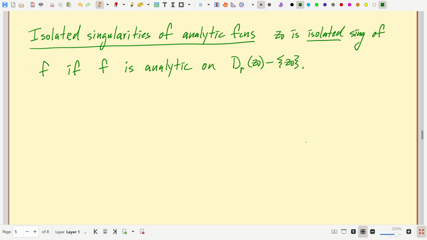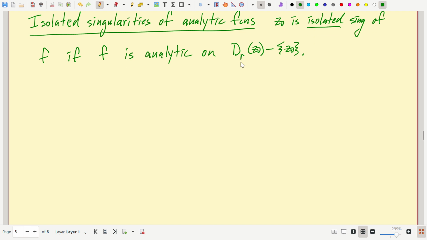Okay. Let me give you some examples. Let's go through the basic examples. I guess an easy example, 1 over Z minus Z naught blows up at Z naught.